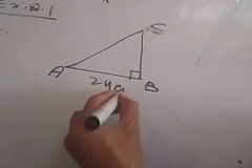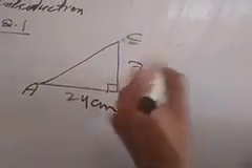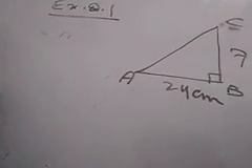In which AB equal to 24 centimeter, BC equal to 7 centimeter. You have to find sin A, cos A.